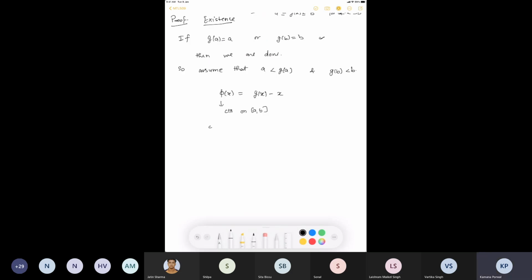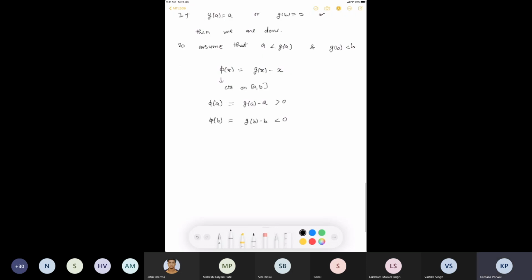What can you say about P at a? Greater than 0, positive. And what will happen to P at b? Negative, less than 0.